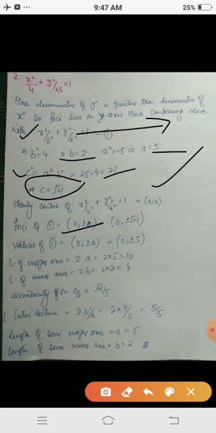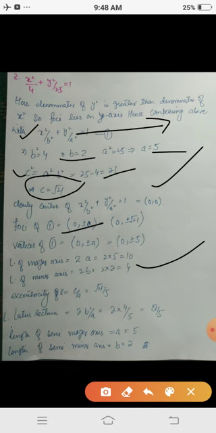Now the vertices are the endpoints of the major axis. The major axis is along the y-axis, which implies that the coordinates are 0 plus minus a, that is 0 plus minus 5. The length of the major axis is 2a, that is 10. The length of the minor axis is 2b, which is 4. Now the eccentricity of the ellipse is c upon a, that is root 21 upon 5.